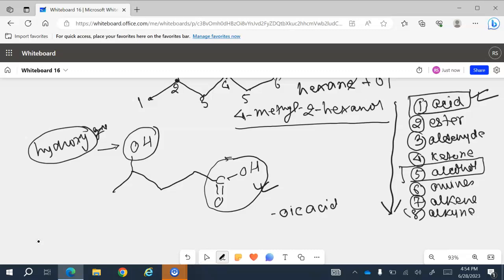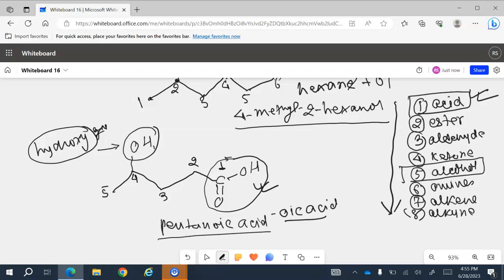So the name for this one: the oic acid or carboxylic acid will have the highest priority, and that will be carbon number 1, 2, 3, 4, 5 carbon. So this will be pentanoic acid, pentane plus oic acid, because there is a 5 carbon chain.